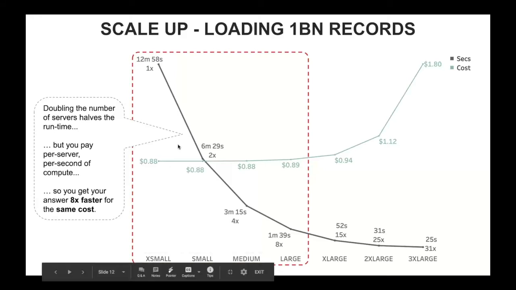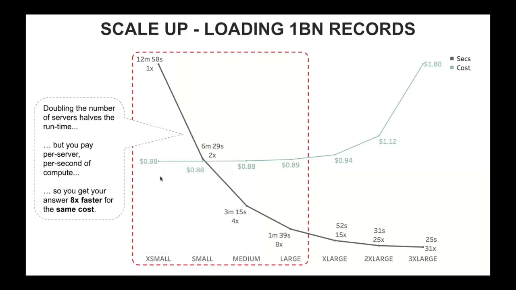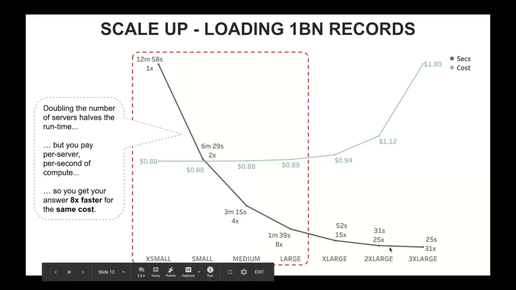As you can see, as long as we're doubling in node sizes and halving the runtime, we're achieving linear performance, and the cost to run this loading operation will stay the same, because you're going to use something that costs twice as much as the previous one, but it's going to run twice as fast.